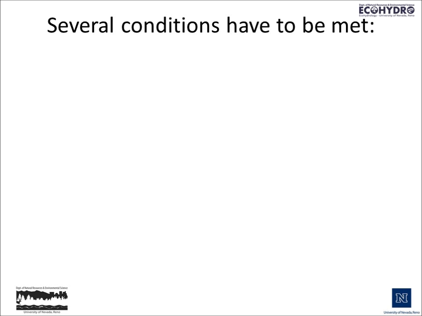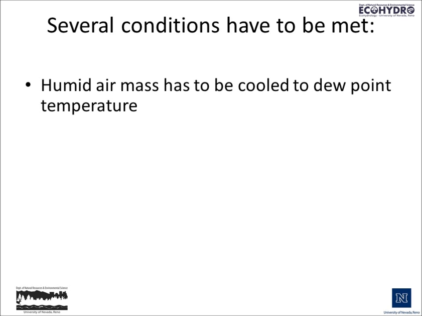Okay, in order for cloud seeding to work, several conditions have to be met. First, we have to have a humid air mass. It has to have water vapor in it, and it has to be cooled to the dew point temperature. This means that it's lacking one thing, which is condensation nuclei.